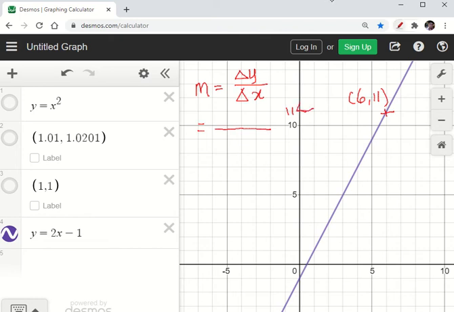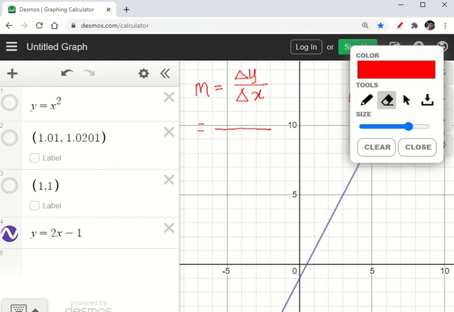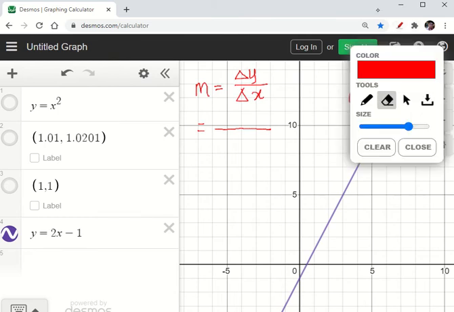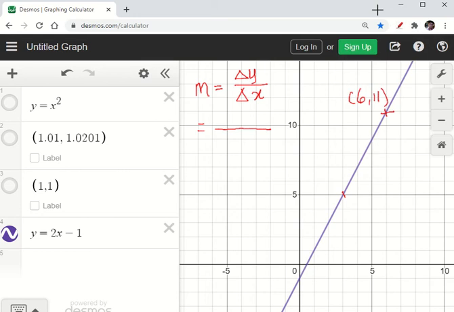We are going to take another point, right here. This point is (3, 5). We find the difference of y, which is 11 minus 5, and the difference of x, which is 6 minus 3.